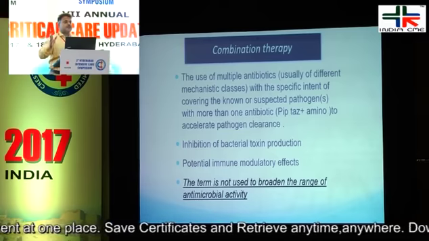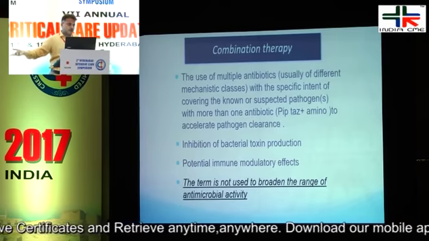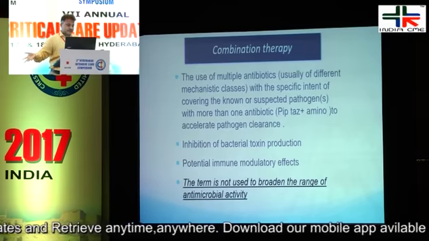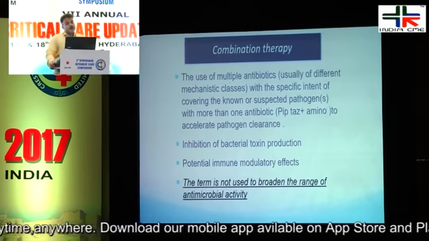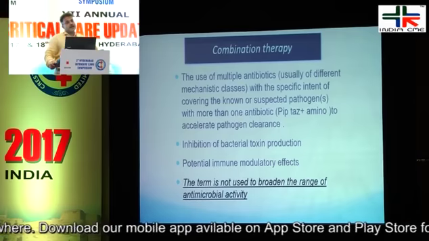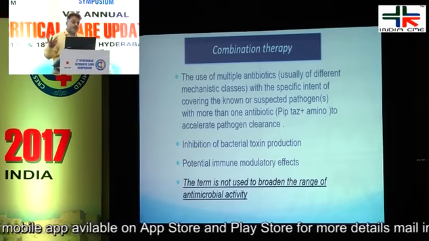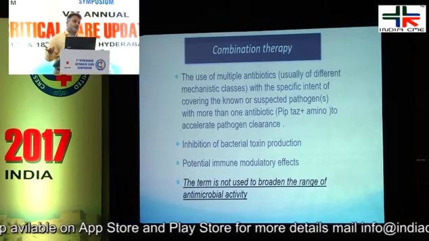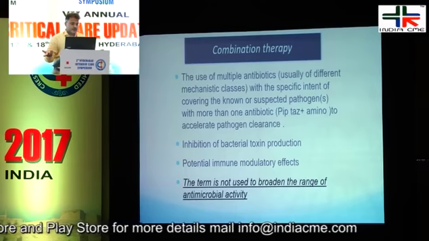The classical examples are piperacillin-tazobactam with an aminoglycoside, piperacillin-tazobactam with quinolones or azithromycin. The purpose is to accelerate the clearance, or you want to inhibit the bacterial toxin by adding clindamycin or azithromycin, or you want to potentially use it as an immunomodulator, like nowadays we use azithromycin or clarithromycin.